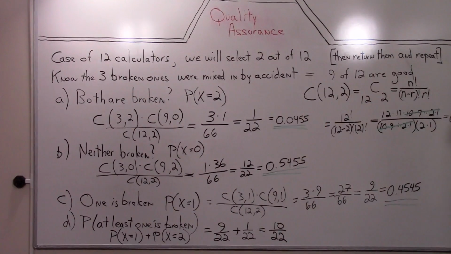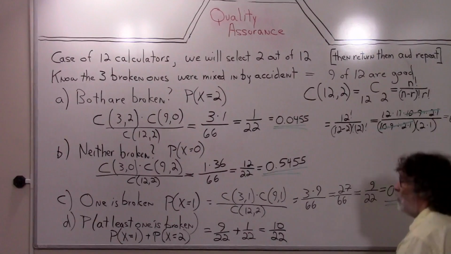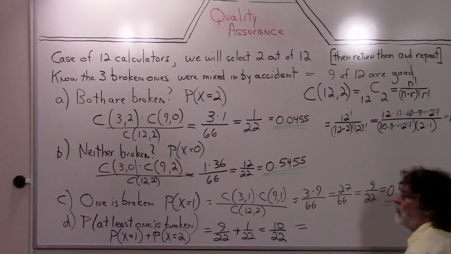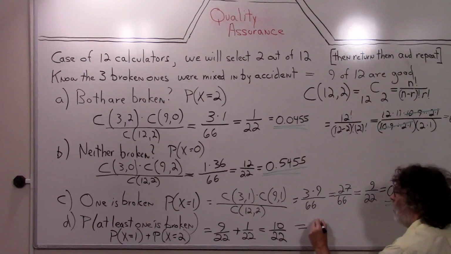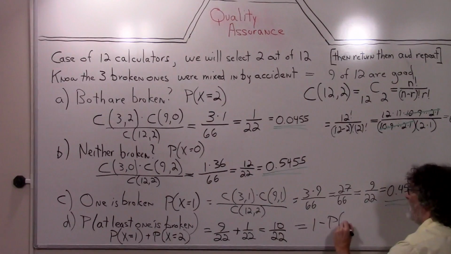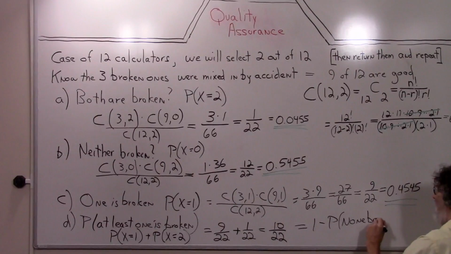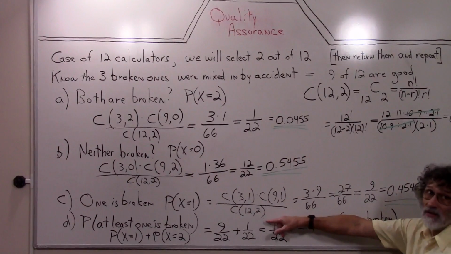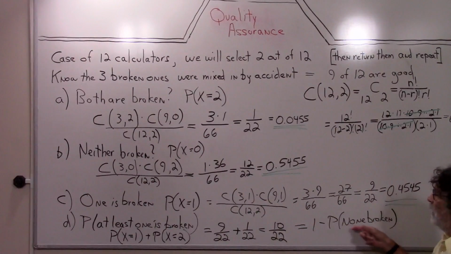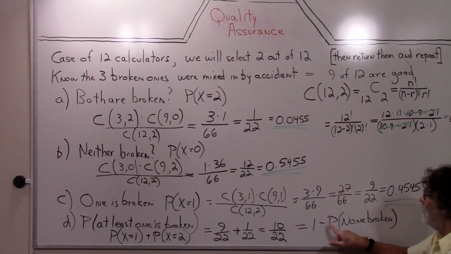Now, when you see that at least 1 in any future problems, you can also think about that as equal to 1 minus the probability of none broken. Right? At least 1 is the same as 1 minus the probability of none.